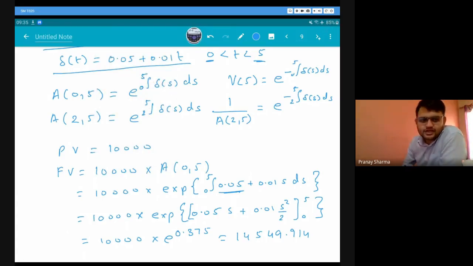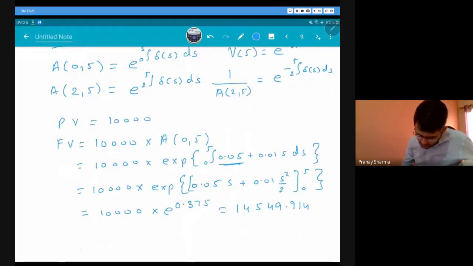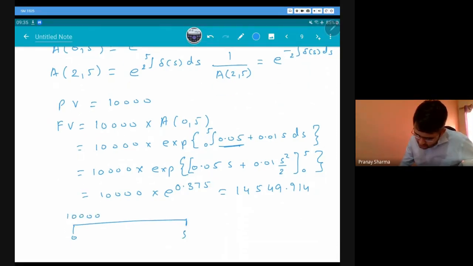Now if I say you want to know how much you actually earned, here you know that you are earning at this rate, but your cash flow is what? You gave me 10,000 rupees at time 0 and I gave you 14,549.914 at time 5. You only know these two cash flows. For you, it does not matter at what rate I am giving interest.